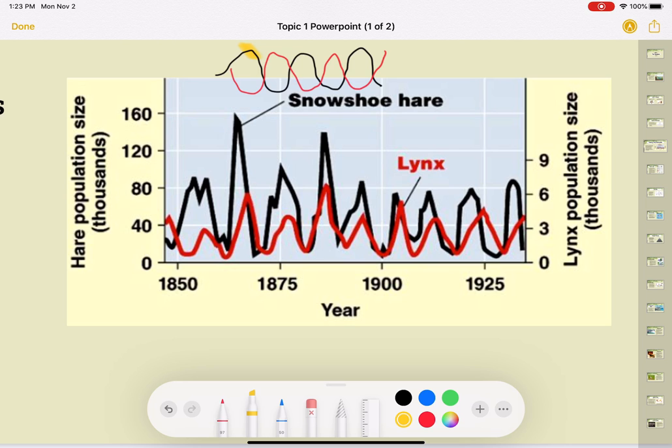And then as the lynx go up in population, they're eating more hares, so then the hares go down. And then because there's not as many hares around, the lynx population goes down. And because there's less lynx, the hare population goes up. They're cycling back and forth, one eats the other, and then the other one grows, and so on and so forth.